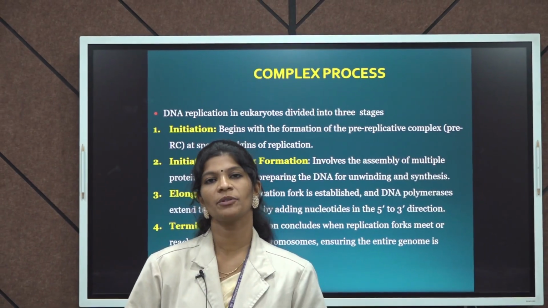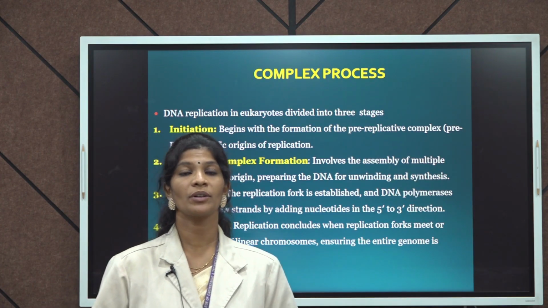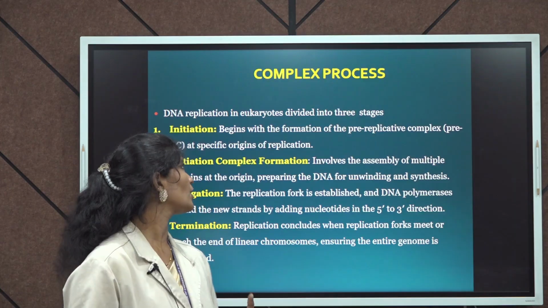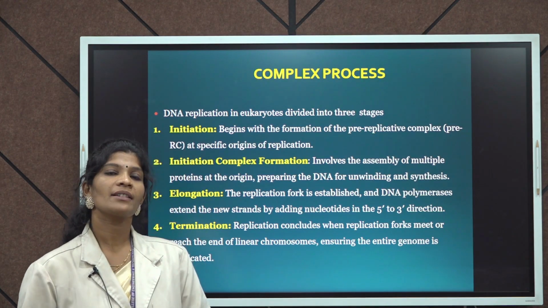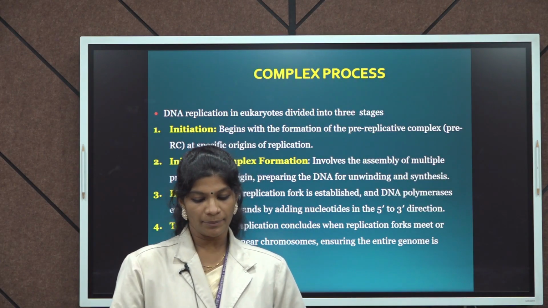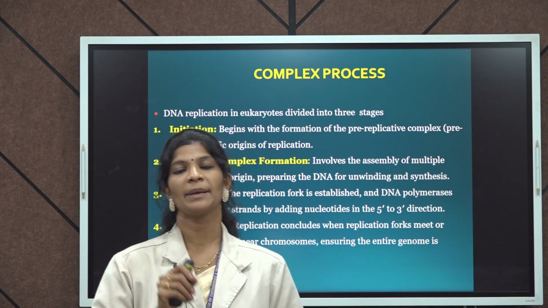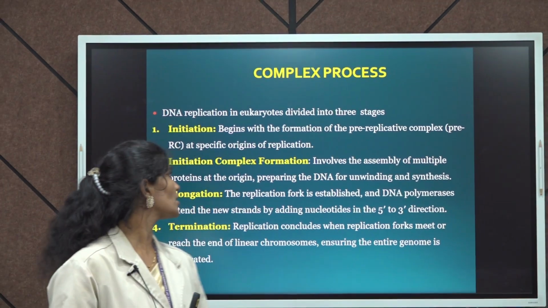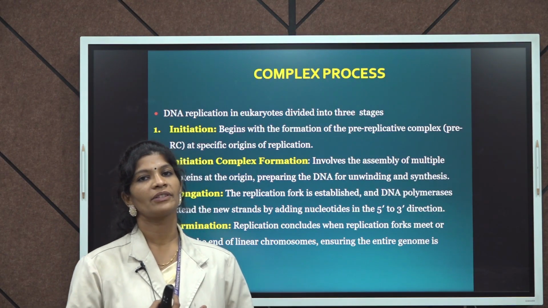As I stated before, it involves a lot of enzymes, replication factors and proteins to smooth the replication process of eukaryotic cells. DNA replication is divided into three phases as we saw in the prokaryote, but prior to the initiation step we have a pre-initiation complex step in eukaryotes, which involves the formation of the pre-initiation complex at the origin of replication site.